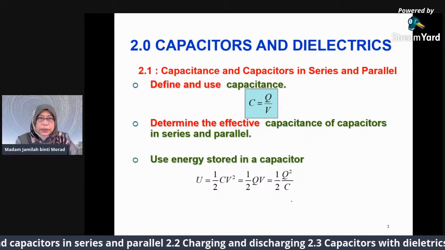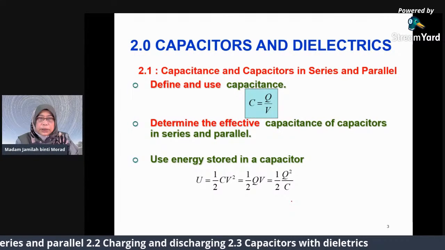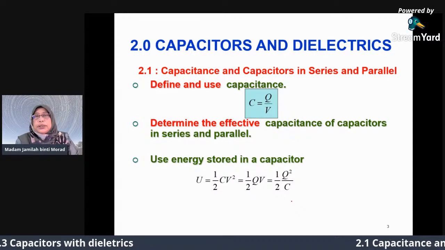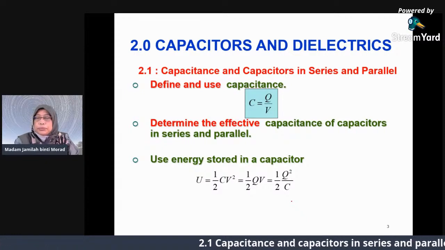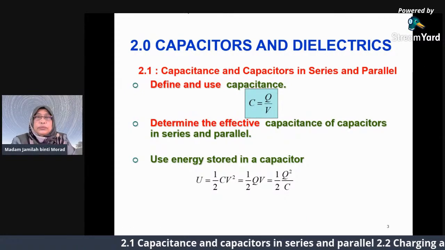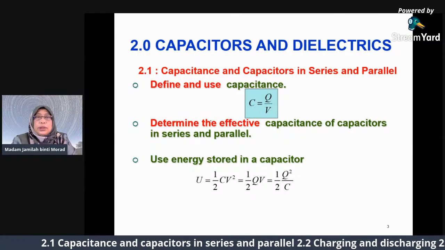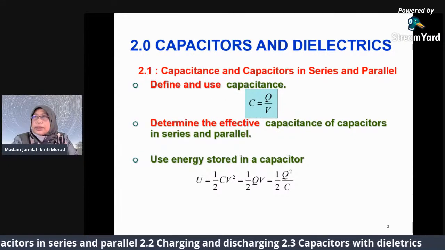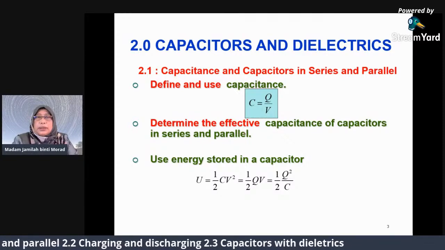Here we have three main objectives. The first one is define and use capacitor. The equation of capacitor is C equal to Q over V. Then determine the effective capacitance of capacitors in series and parallel.